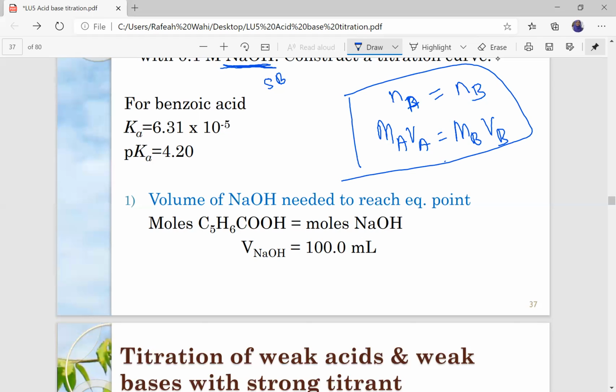From this, you get the volume of titrant used to reach equivalent point is 100 ml. So anything below 100 ml should be considered points before equivalence point.